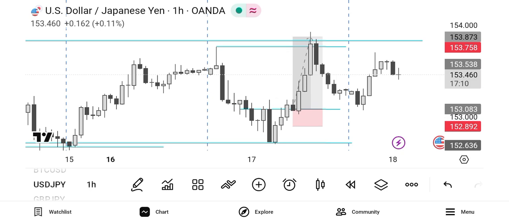As usual, our strategy is Alchemist, with a little bit of ICT, but mostly Alchemist. As usual, first we start with 4 hour, 15 minutes, then 1 hour.